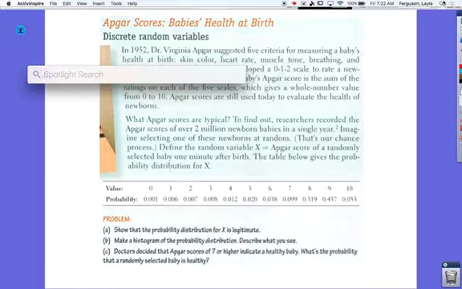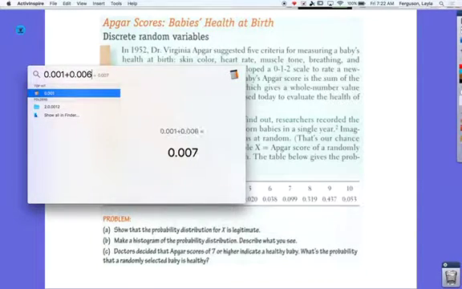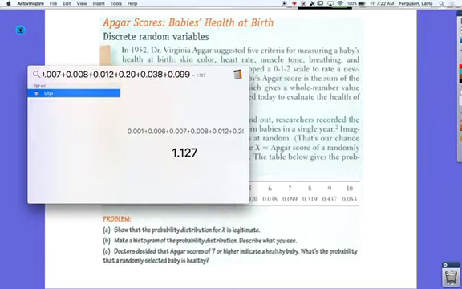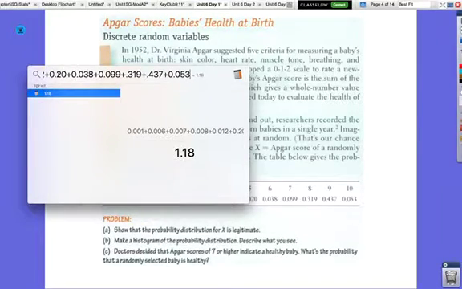So if I add them all up, all right, when we add them all up, they give us 1.